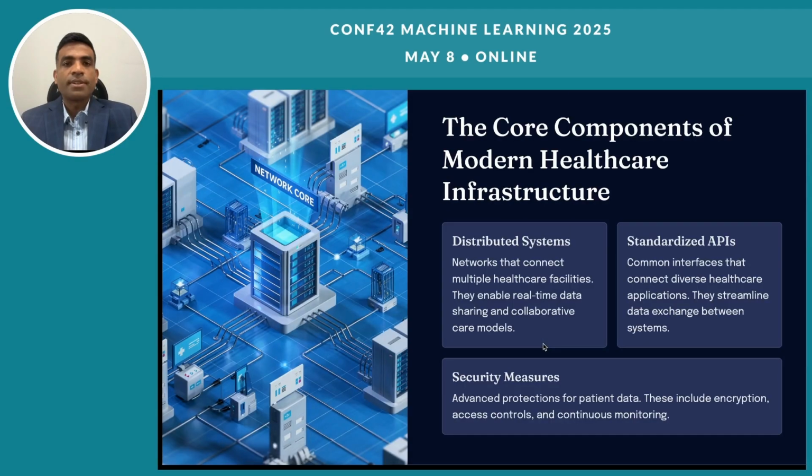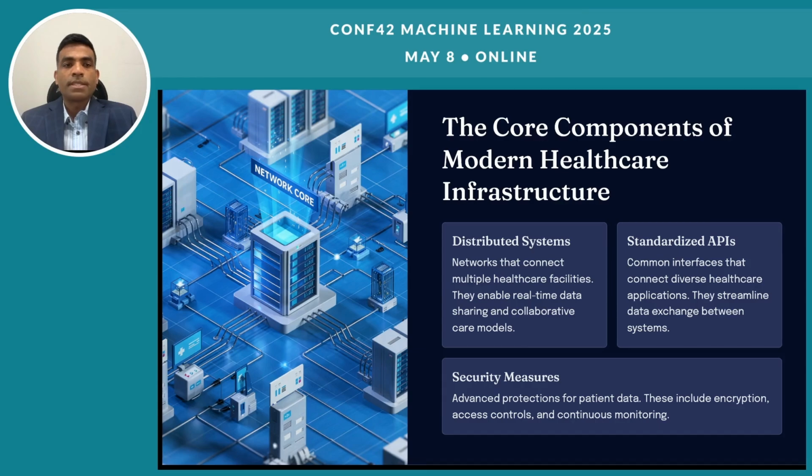Over the first slide, we'll discuss the core components of modern healthcare infrastructure. Modern healthcare infrastructure is built on a foundation of advanced technology that supports seamless, secure, and efficient care delivery.